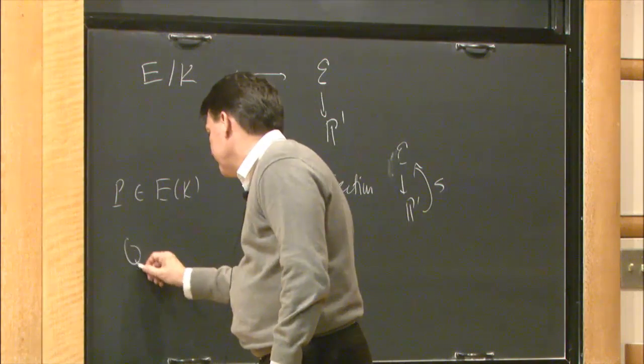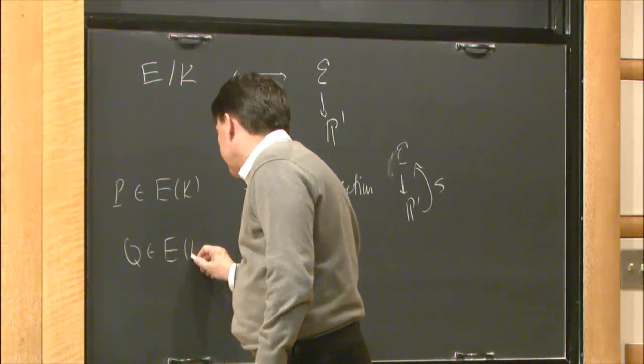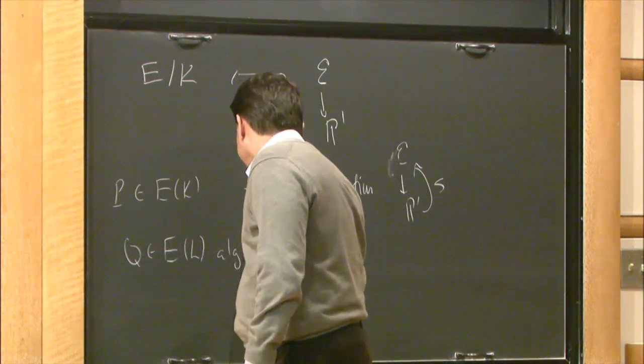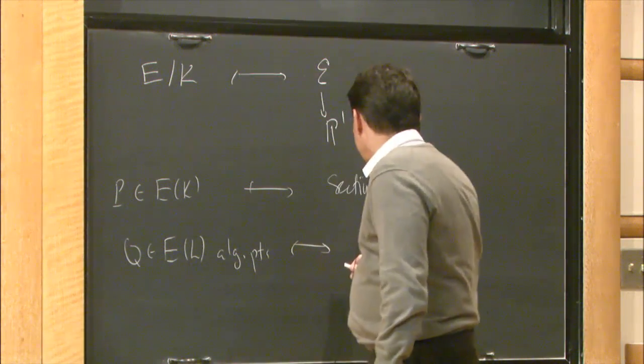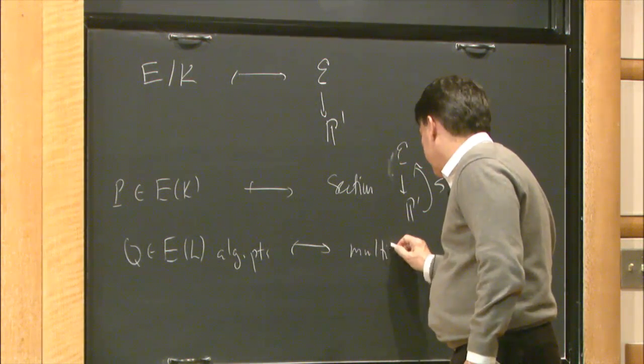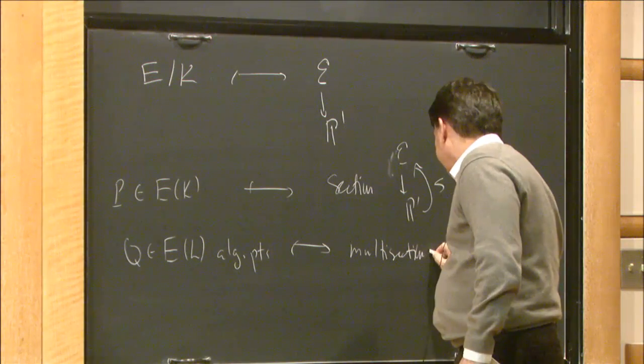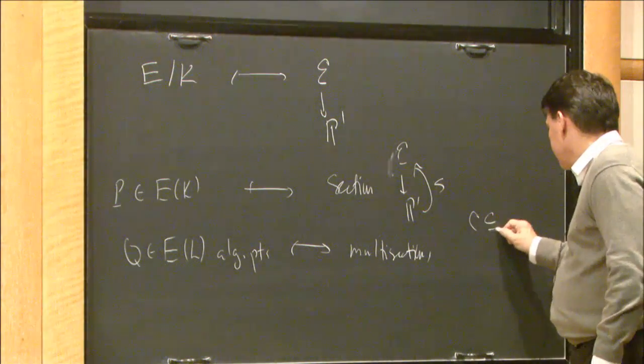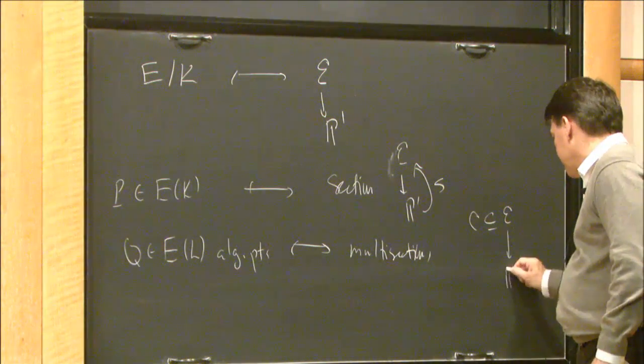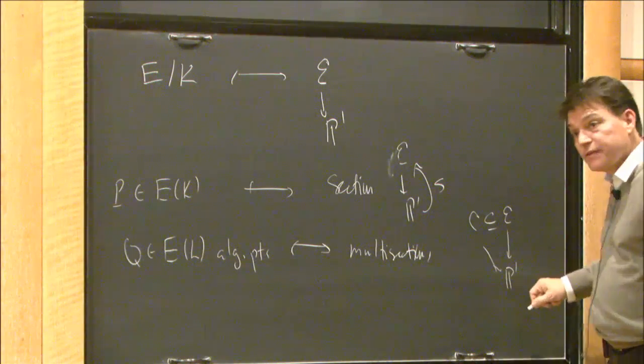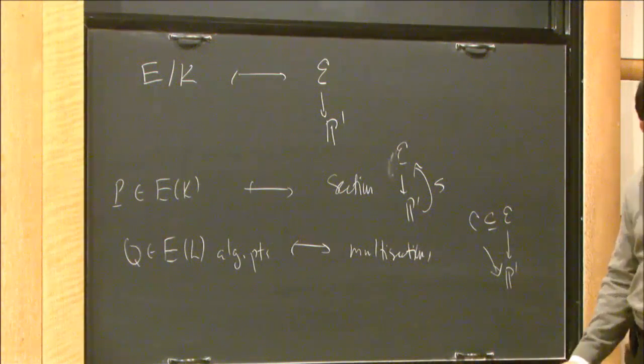And then if you have points over, say, algebraic points, these correspond to what I would call multisections. So these are curves C inside E, mapping down to P1, where the composed map down to P1 is finite.